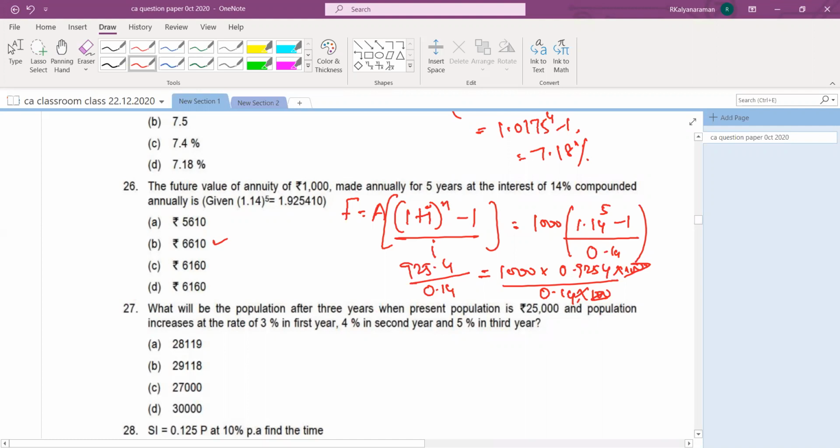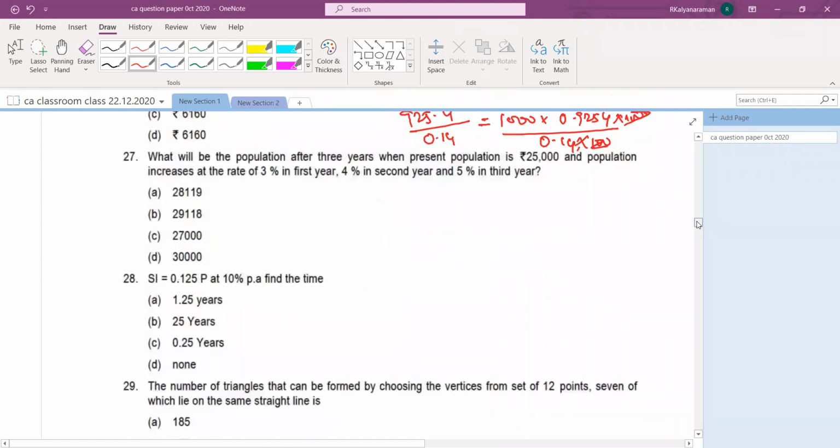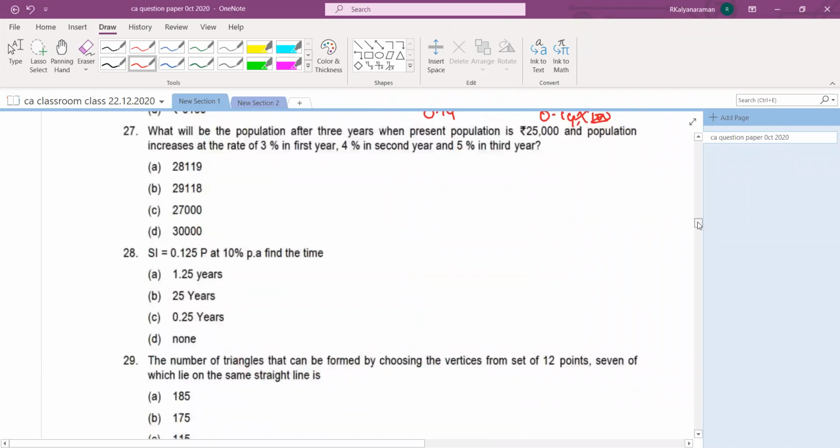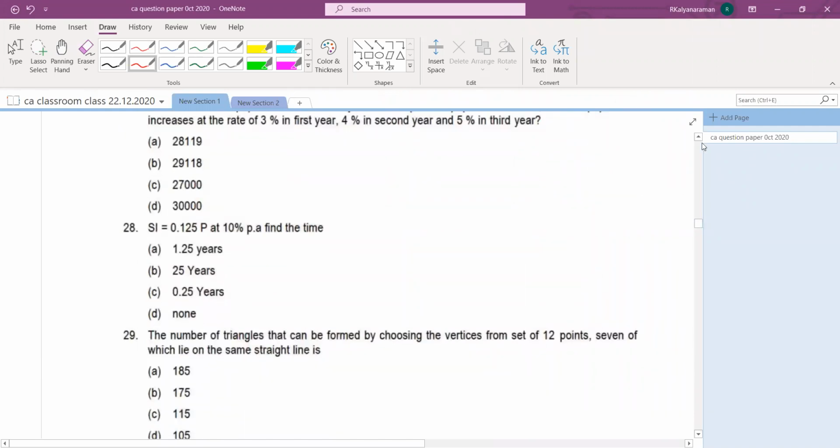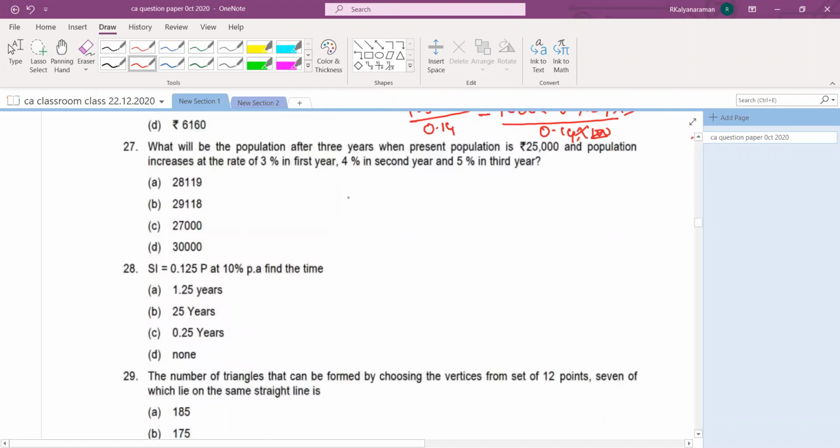What will be the population after 3 years, when the present population is 25,000 and the population increases at the rate of 3% in the first year, 4% in the second and 5% in the third? So same compound interest concept. It will be 25,000 into 1.03 into 1.04 into 1.05, because it is compound interest.